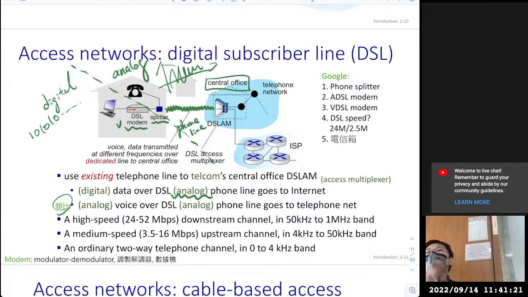There are two different types of the signal. So there should be another device which is called the DSL modem.